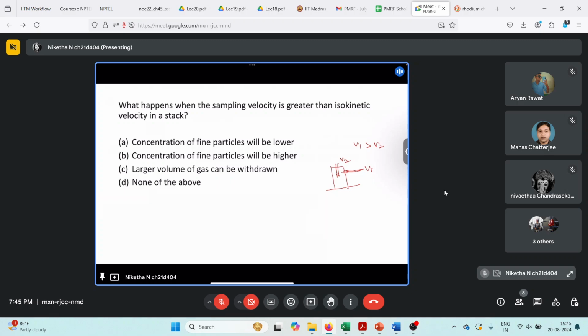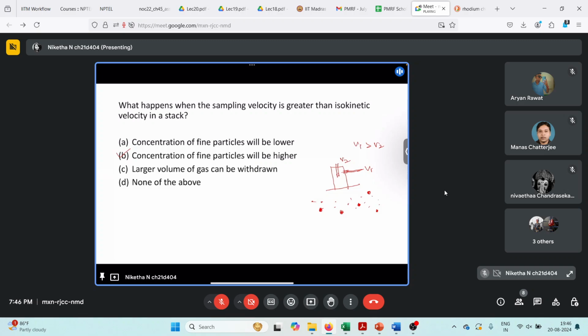Okay, so generally, if the sampling velocity is greater than the isokinetic velocity, then the concentration of the finer particles will be higher. That's because fine particles means very small size particles. When compared to the large size particles, the small size particles will not have much weight. I mean, their mass is not very significant. So they will move in the direction of the gas or the wind.